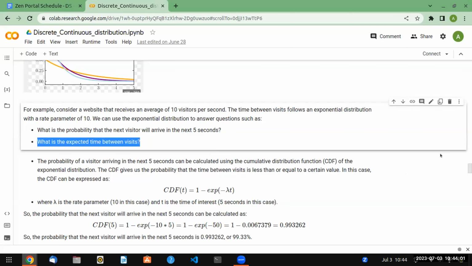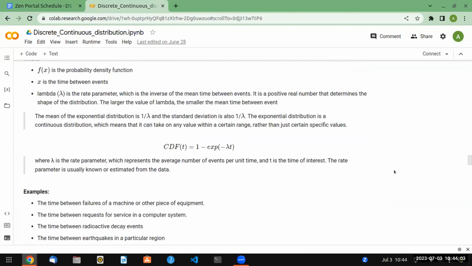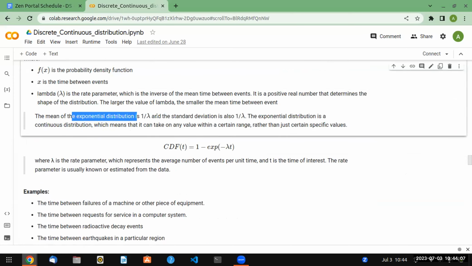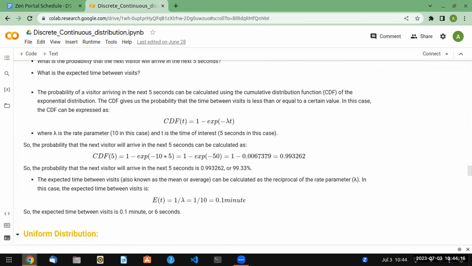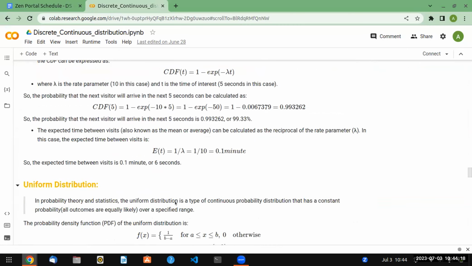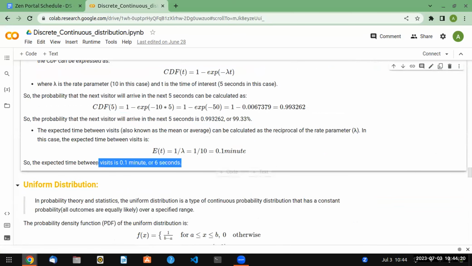We saw that, right? If your data is following an exponential distribution, mu is 1 by lambda, and standard deviation is also 1 by lambda. Here it is asking about the mean only. So how to calculate the mean? 1 by lambda, that is 0.1 seconds, or you can say 6 seconds.